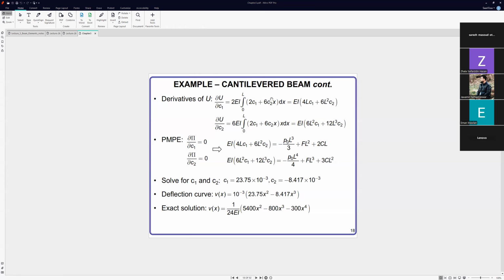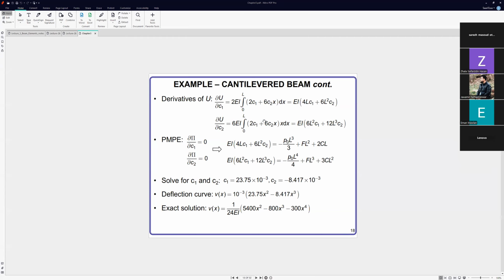After making the integration of dx, the integration of the 2C1 will be 2C1L plus 6C2 x squared over 2. And after then, instead of x, we should substitute L. Then del U over del C2, the same procedure.